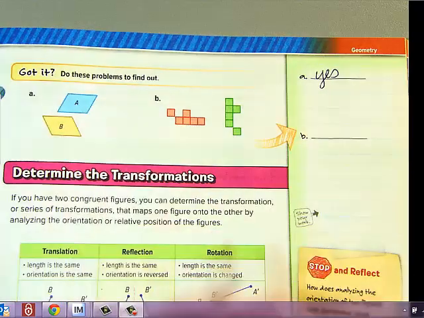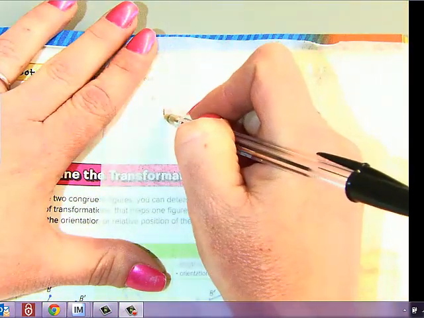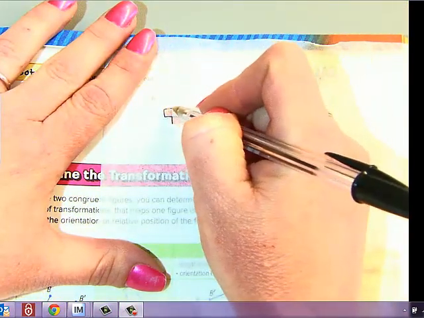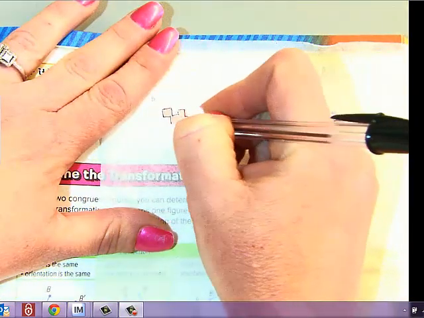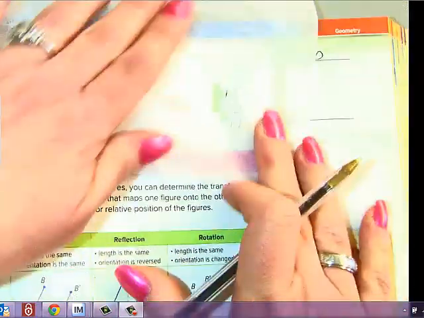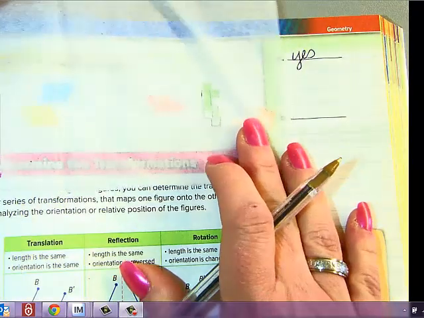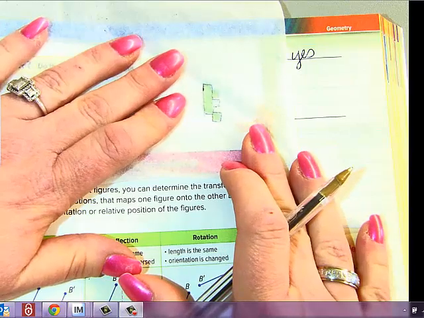Okay? Now let's look at this red one to this green one. Well, again, I'm going to take the Kleenex, trace the red one, just the outline of it. You don't have to do the whole thing. Okay? And now I'm going to flip it to where it would be if I were the green one, and line it up. Do they line up?